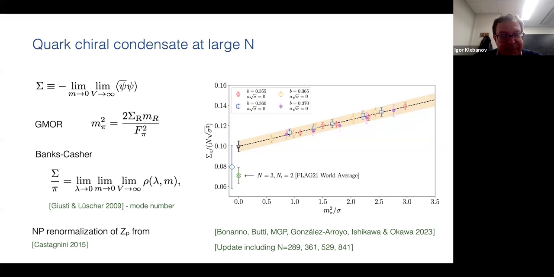But in principle you can compare. There are many ways to simulate, as I said, large N, not only TEK, and in principle one can compare with that. The only thing is, for the string tension, this comparison has been done: simulating at several values of N, extrapolating, and getting the same result with TEK.